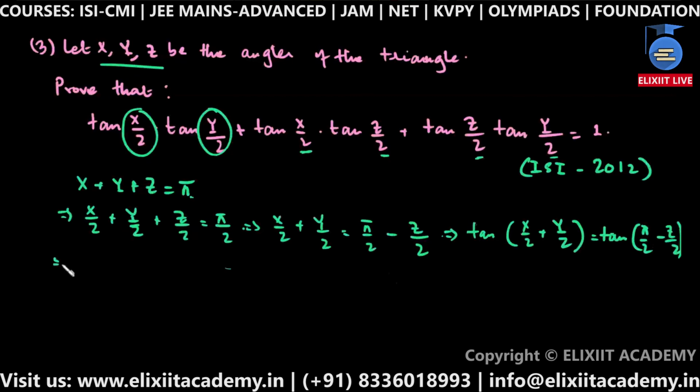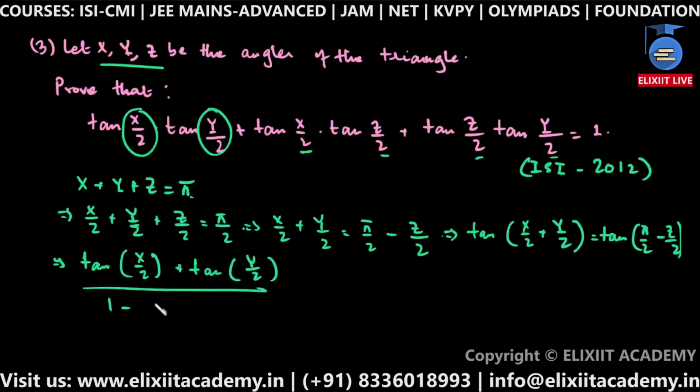Breaking tan(a + b), where a is x/2 and b is y/2, we have (tan(x/2) + tan(y/2)) divided by (1 − tan(x/2)·tan(y/2)).